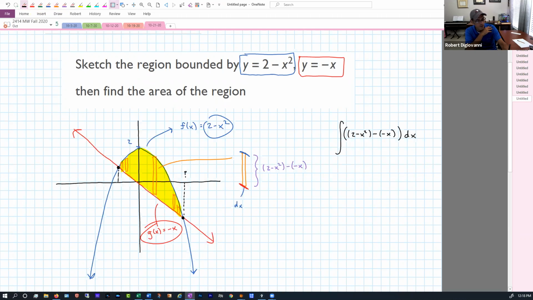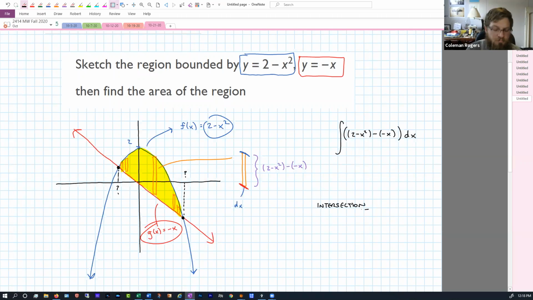So we've got to figure out those x coordinates. So how do we find the intersection of two curves? You set them equal to each other? We set them equal to one another. I mean, yes, we could use a calculator to check our answers, but algebraically, we want to set them equal to one another.